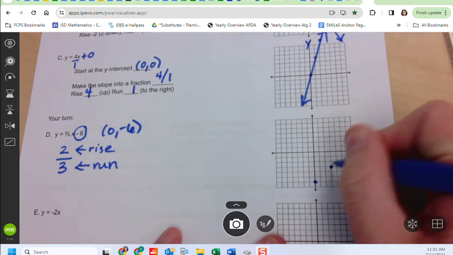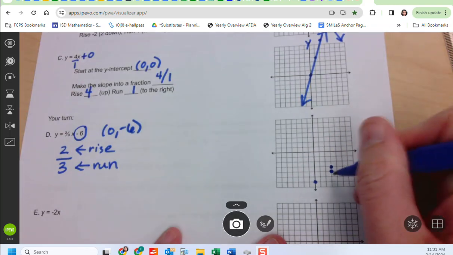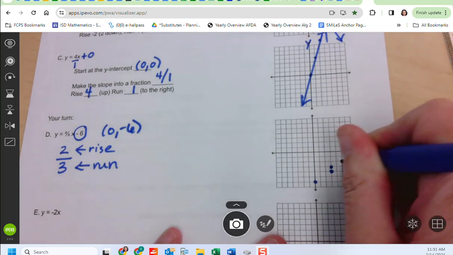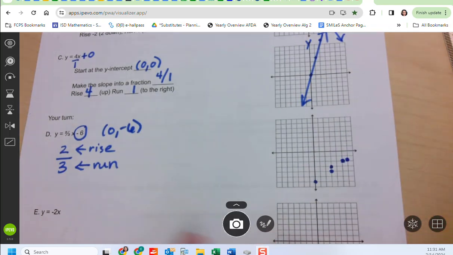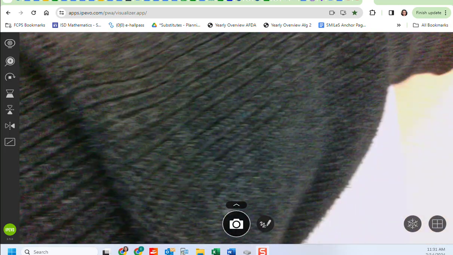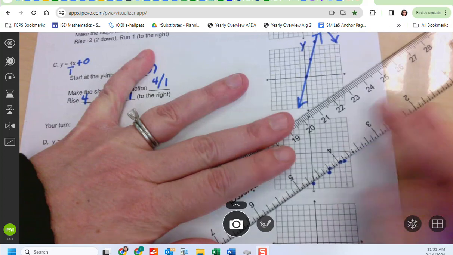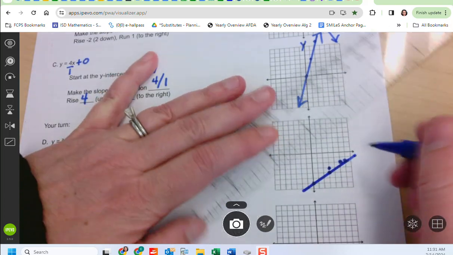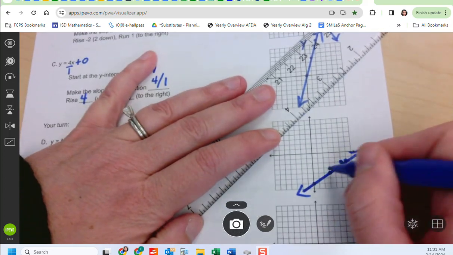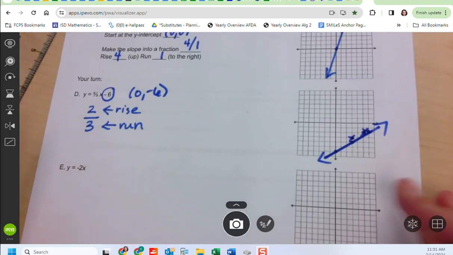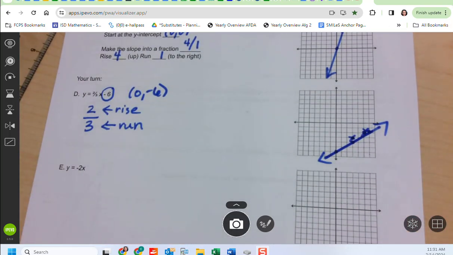Oh, I did not do that right. I went too far. Up 2 over 3. I'm having a hard time counting. Up 2 over 3 is what you should be doing. I think I got it finally. So ignore my extra points there, not those. Questions on D? I'm seeing a lot of good work.